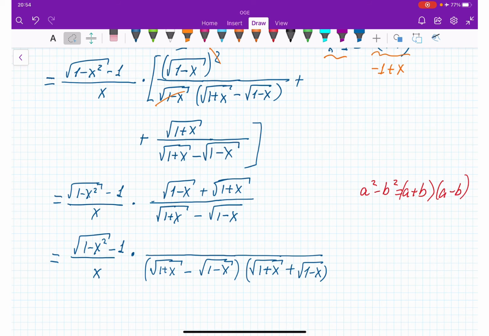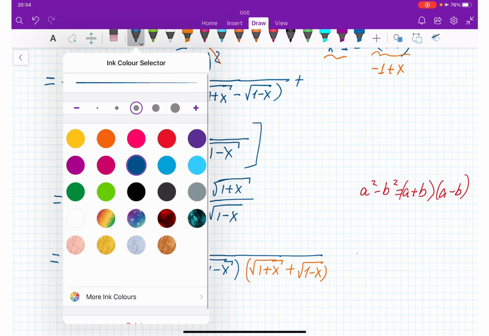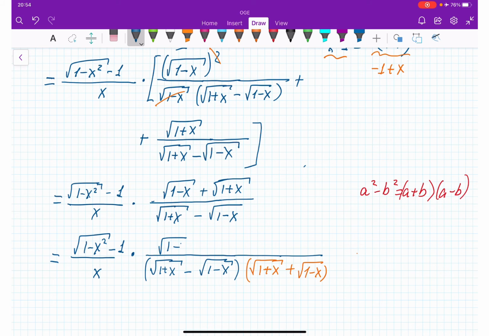Let me change the color here. And the same change I'm going to do to the numerator, right? So I have square root of 1 minus x, plus square root of 1 plus x.